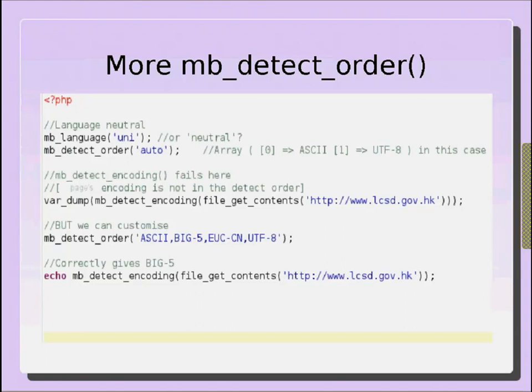You could, I suppose, set your detect order to a list of every character set that mbstring supports, but I think it's not like that for performance reasons. It would get a bit silly, trying to calculate each string against each character set. I think that's why the defaults are quite short.